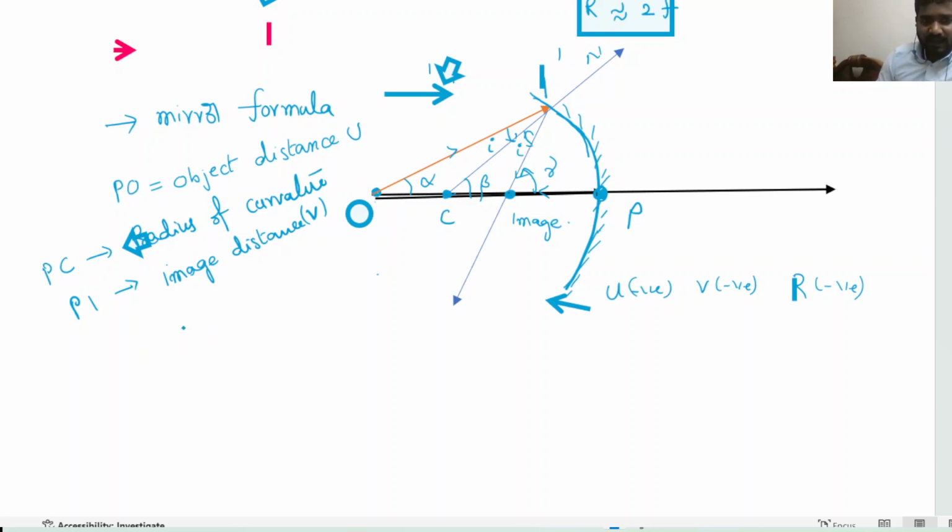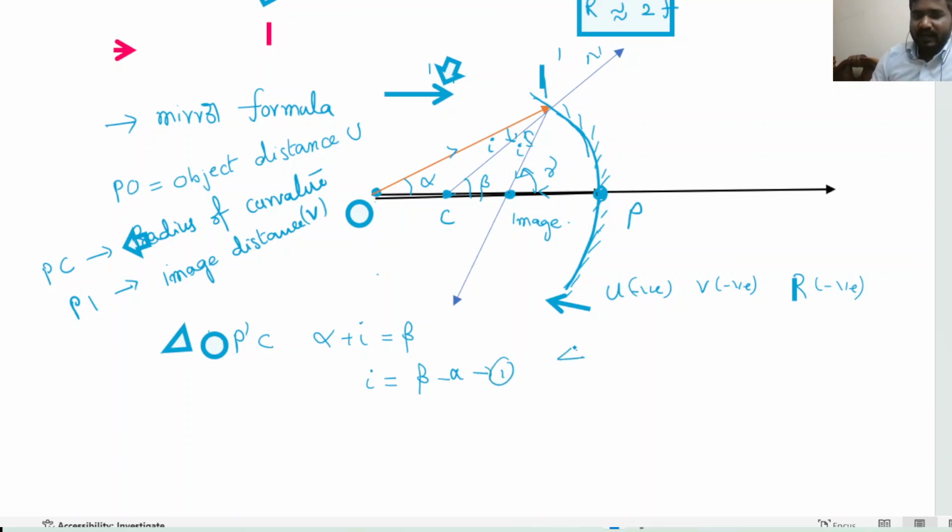From the triangle O P dash C, alpha and i are the interior angles and beta is the exterior angle. Therefore, the sum of the interior angles alpha plus i equals beta. From this the angle of incidence is i equals beta minus alpha. Take this as equation 1.